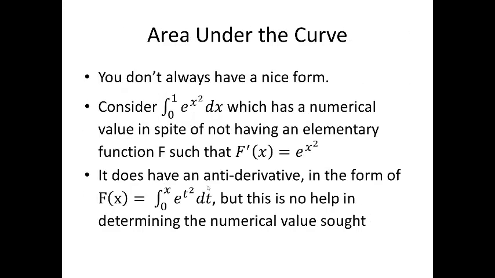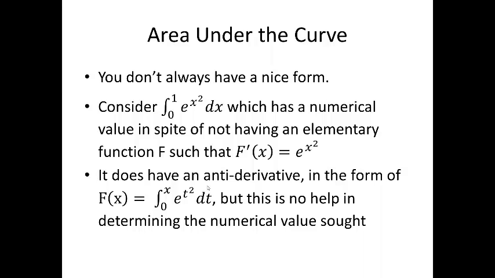Consider this integral. The integral from 0 to 1 of e raised to the x squared dx, which does have a numerical value, it's the area under its curve, in spite of not having an elementary function capital F such that F prime of x is equal to e to the x squared.